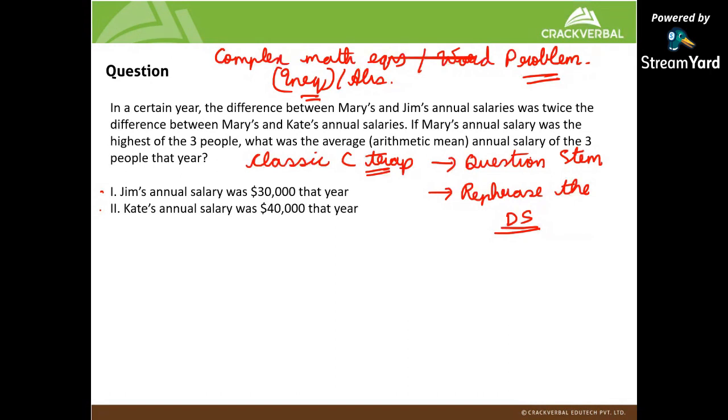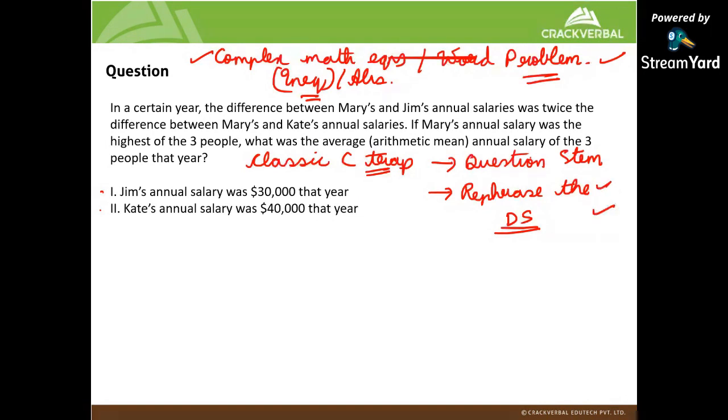What happens when the GMAT creates a data sufficiency question is they would always give you complex pieces of information which can be broken down into much simpler forms. So when you see a complex mathematical equation on algebra, or a word problem, your eye should always go to the question stem, and try to break it down and rephrase the data sufficiency.